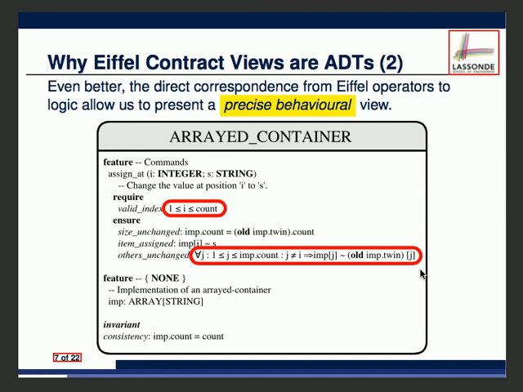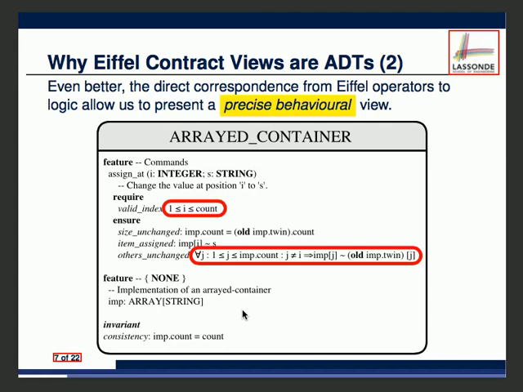So including it or not is optional. Here, I'm just including it. The question was, over here you can see the feature exported to none. Anything that's private should not be in the public view of the class. That's right. But since I'm trying to present the design to you, I'm trying to tell you what has been hidden from the clients. That's why I'm including that, right?